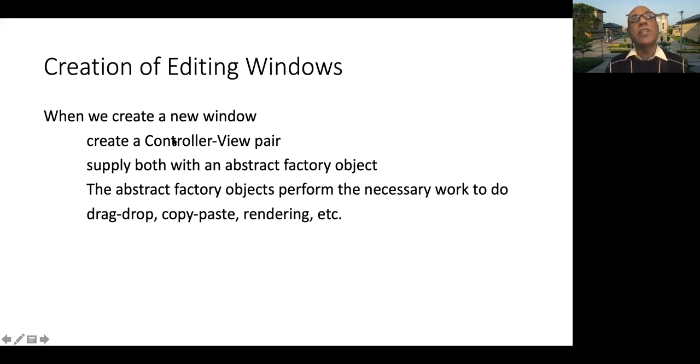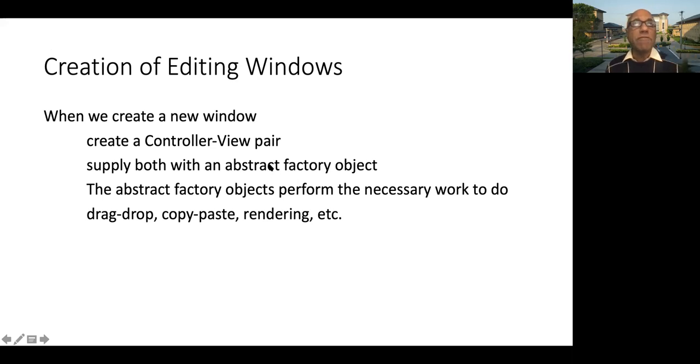So imagine the controller. The controller gets this abstract factory object. The controller doesn't know what technology is being supported by this abstract factory, but when the controller knows that a shape has to be copied and pasted, it tells the abstract factory to do the various steps of copy and paste.